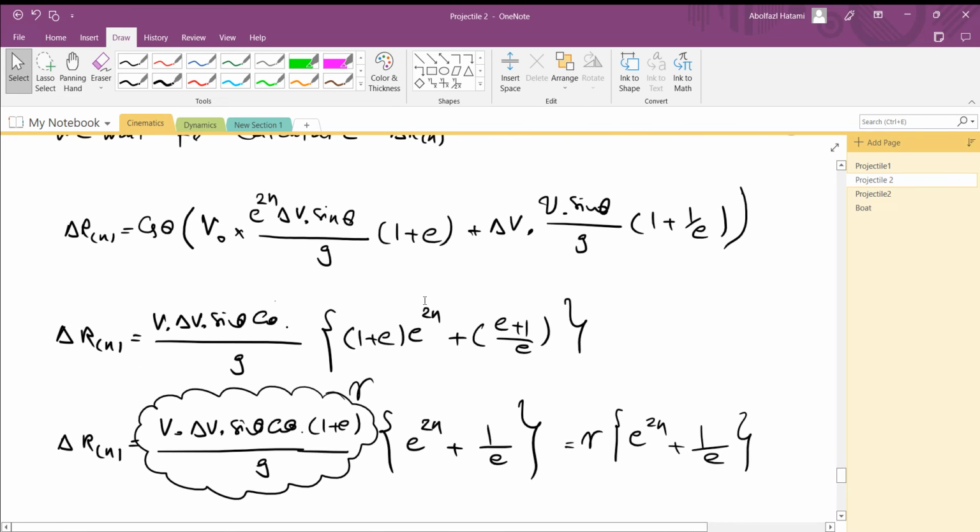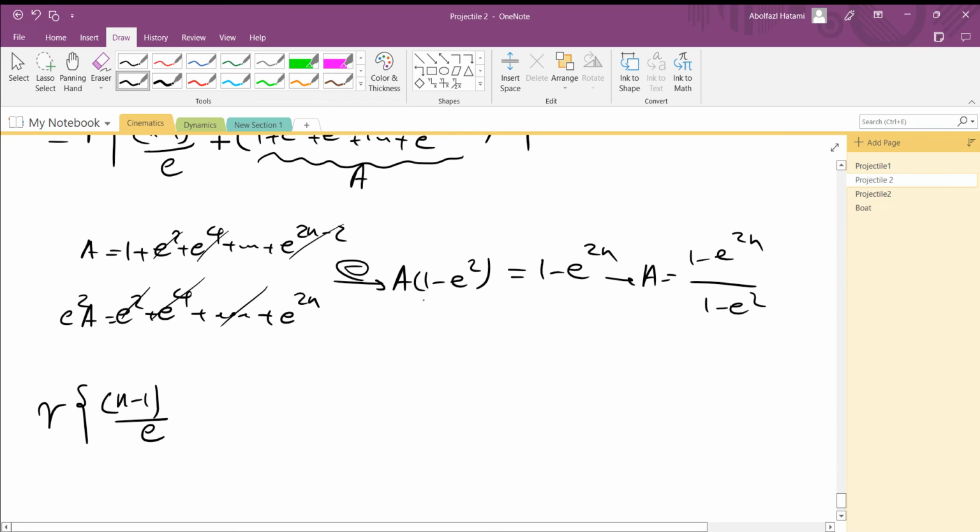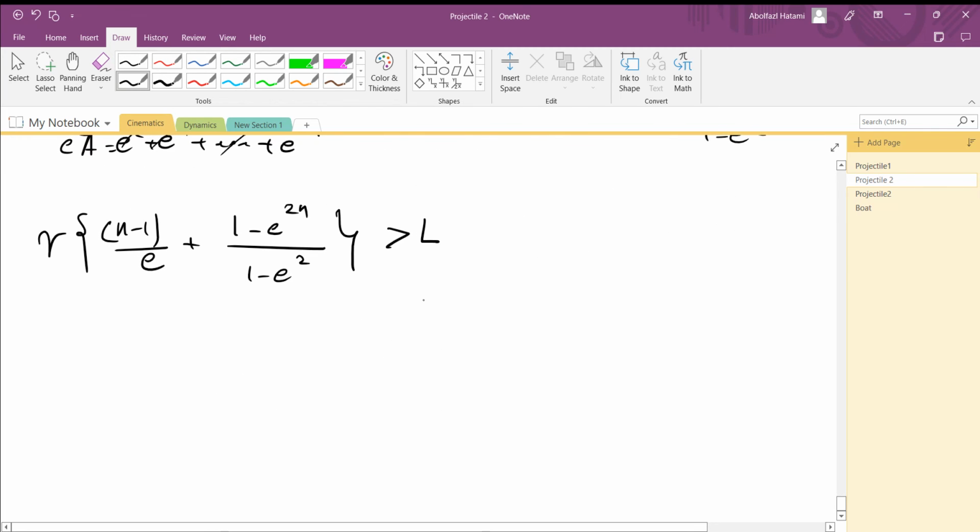True. So it's okay. N minus 1 over e plus A, which A was just 1 minus e to the power 2n divided by 1 minus e². And this should be actually greater than L. It should be greater than L.